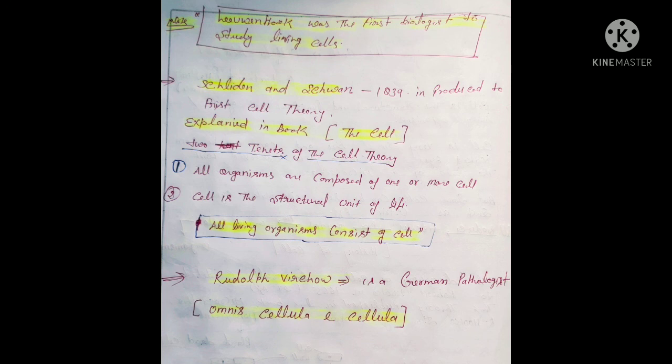This theory says that all living organisms are composed of cells, but viruses challenge this theory, as they have different characteristics.